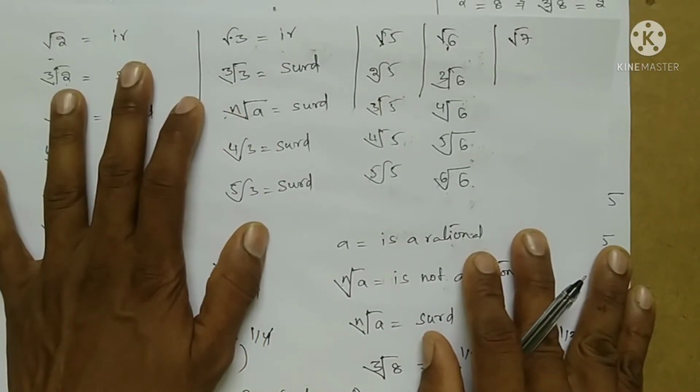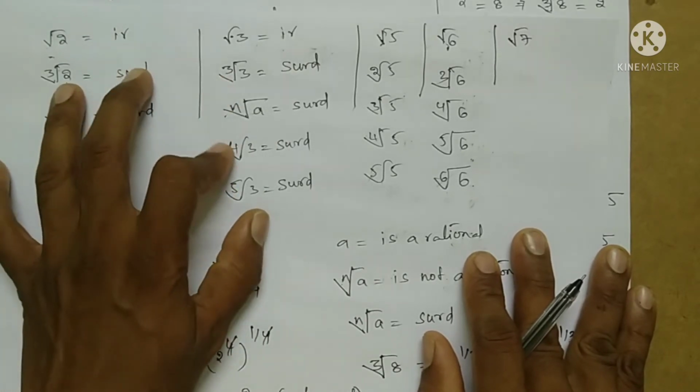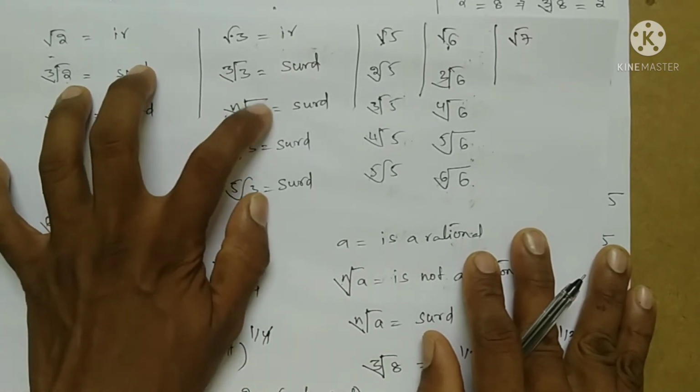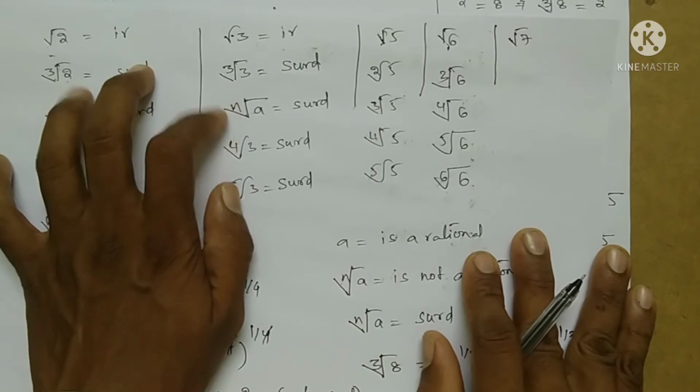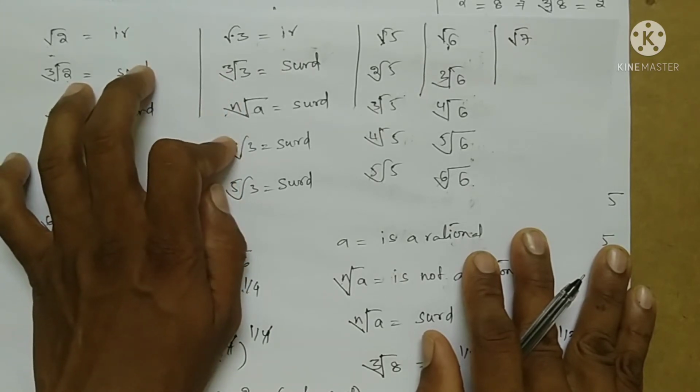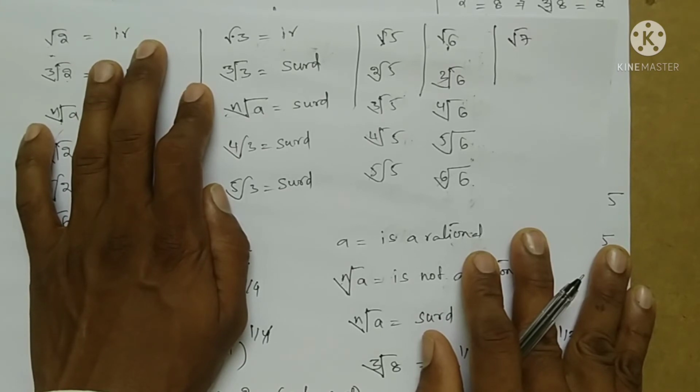Here the third root of 3, fourth root of 3, fifth root of 3 are numbers of the form nth root of a. The result is not a rational number, so these types of numbers are called surds. Their decimal expansions are neither terminating nor repeating.